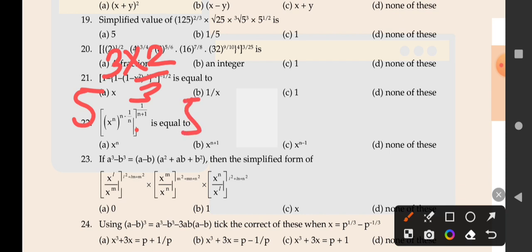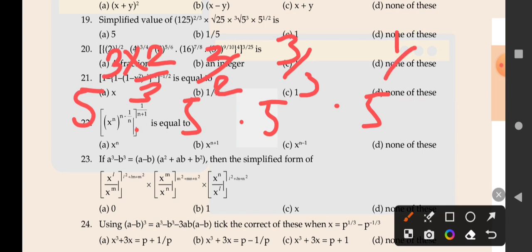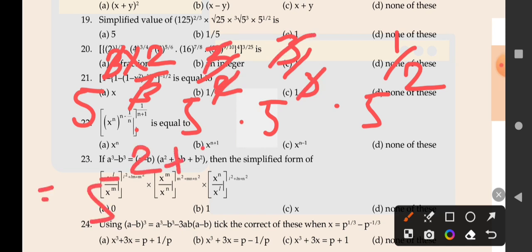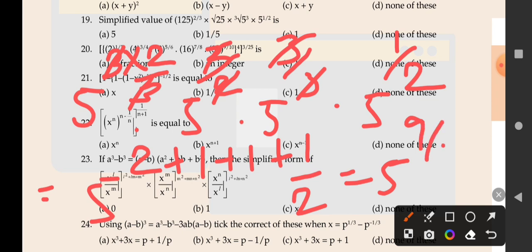Then 5 power 2 divided by 2 since square root. Then 5 power 3 divided by 3 into 5 power 1 divided by 2. So 3 3 cut, 2 2 cut and 3 3 cut. So we have 5 power 2 plus 1 plus 1 plus 1 by 2, which is equal to 5 power 9 by 2.